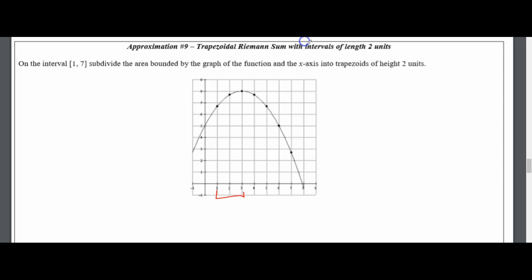So for my trapezoid, I have to look at the y values for both of my endpoints. And then I connect them to draw my trapezoid. So there's my first trapezoid. Here is my second.